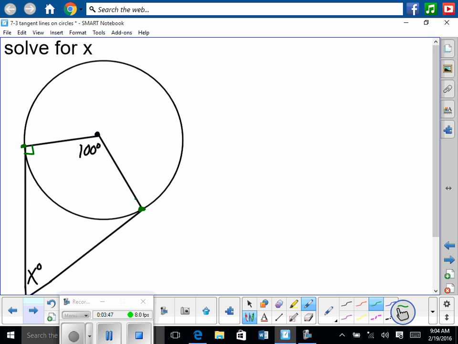So from the radius down to there is 90. Well, don't all angles of a polygon add up to be 360? So we'll take 360 minus 100 minus 90 minus 90. 80 degrees.